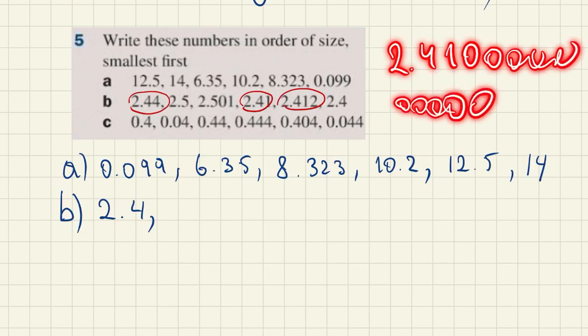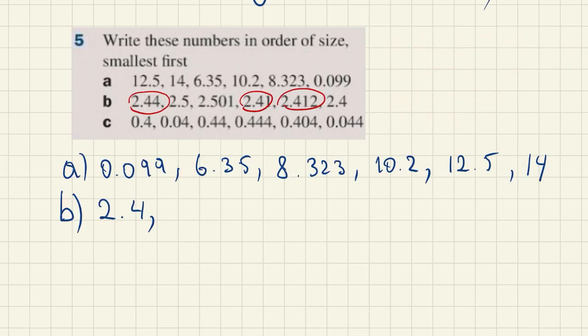It's not going to change anything because this is how decimals work. 2.41 and 2.412 are the ones who are right now competing, because 2.44 is a bit larger than those two. So let's take a look at them. 2.41, again, we can just add the 0. We get 2.410 and 2.412.